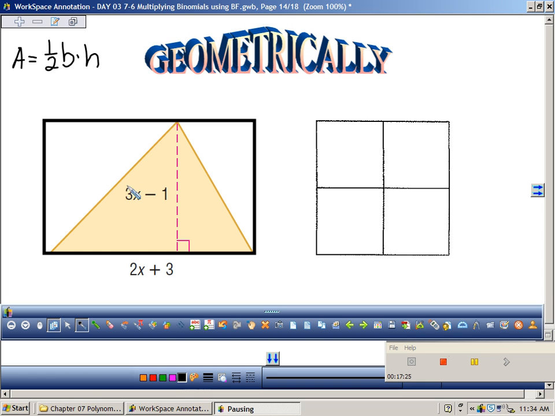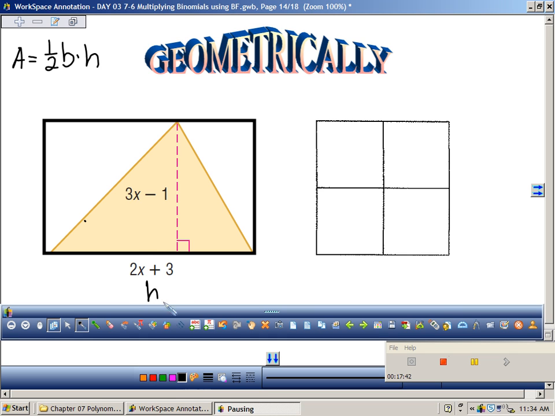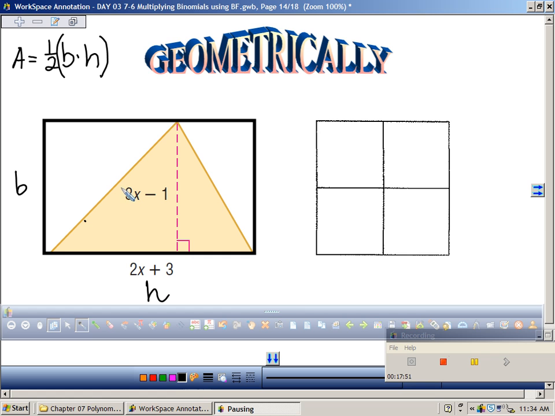So how do I find the area of a regular rectangle? Base times height, and I'm just cutting it in half. That's why there's a half in front of it. You find the base times height, and then you cut it in half. So just concentrate on the base times height first, then concentrate on cutting it in half.